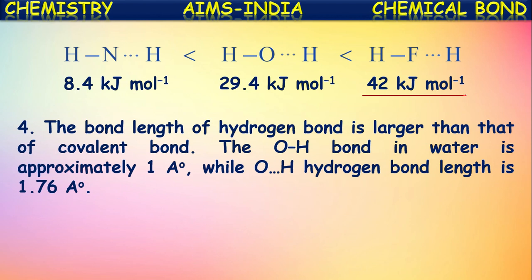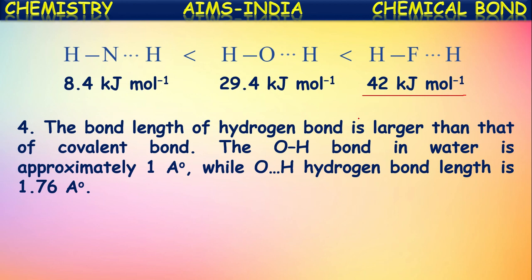The bond length of a hydrogen bond is longer than that of a covalent bond, because hydrogen bonding is just an electrostatic force of attraction between oppositely charged ends, whereas a covalent bond is formed by the sharing of an electron pair between atoms. Thus, a hydrogen bond is weaker and its bond length is greater. The OH bond in a water molecule is approximately 1 angstrom, whereas the hydrogen bonding length is 1.76 angstroms.